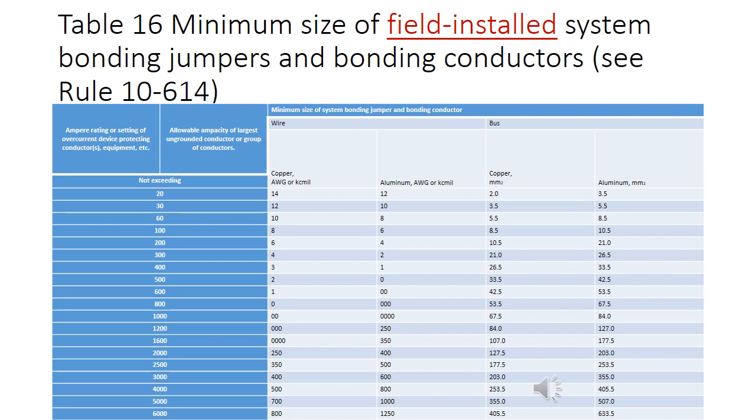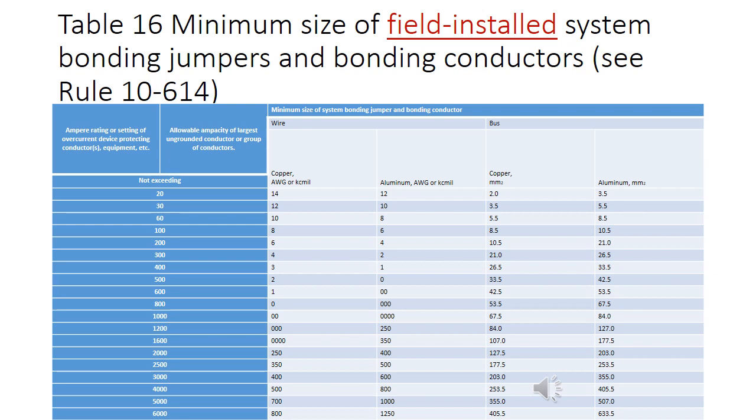On the top left side of the table, we have ampere rating or setting of overcurrent device protecting conductors, equipment, etc., and allowable ampacity of largest ungrounded conductor or group of conductors. On the left side of the table, we have ampere rating with the notation not exceeding.